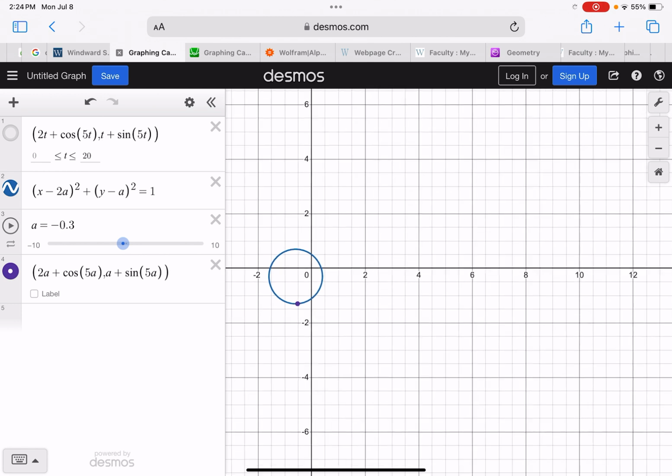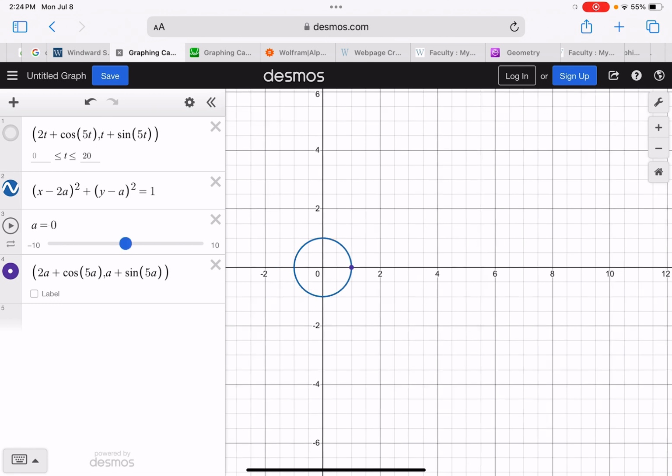Let's imagine that the circle is moving along a diagonal path and spinning at the same time. Where would that point go? I'm doing it a little bit slowly. The circle is moving in a diagonal path, and the point is spinning around as that happens.